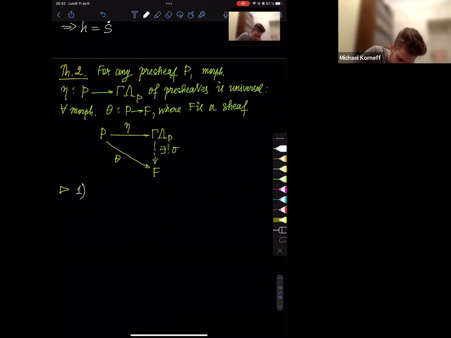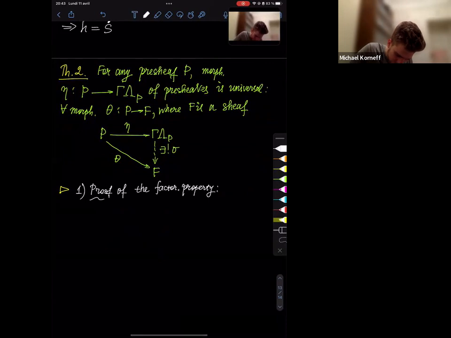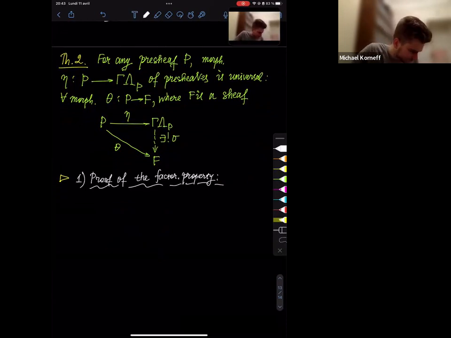Proof of the factorization property. We know that eta is an isomorphism.